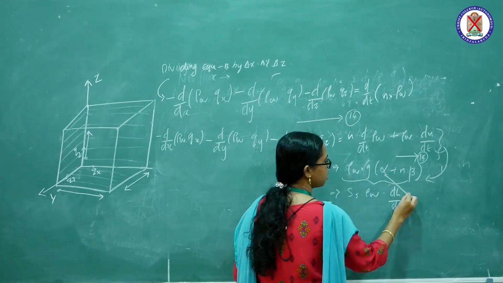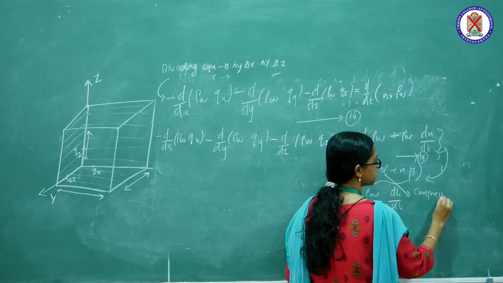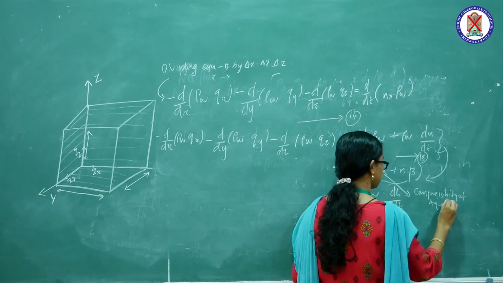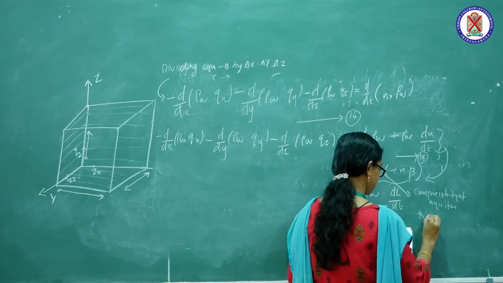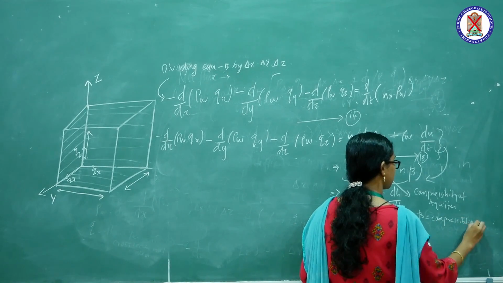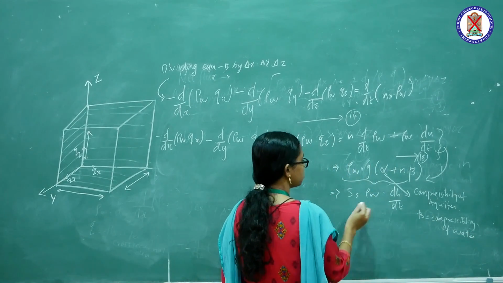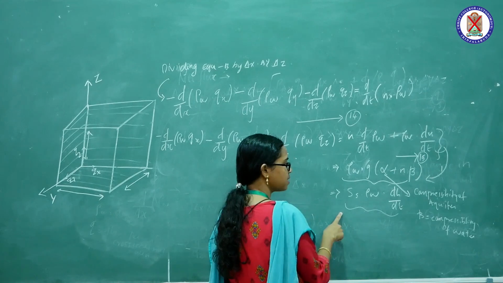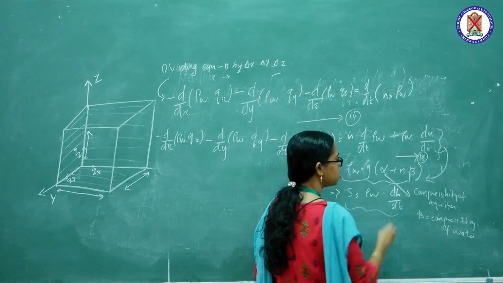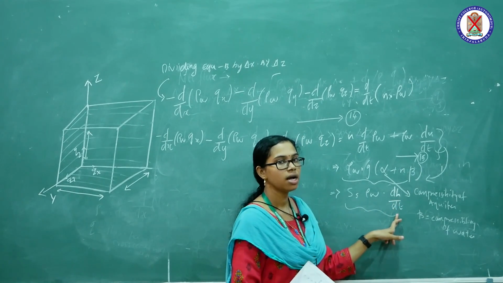So alpha is the compressibility of aquifer, beta is compressibility of water. So this equation can be rewritten in terms of the specific storage into the density into dH by dt, where dH is the hydraulic head and dH by dt is the hydraulic gradient.